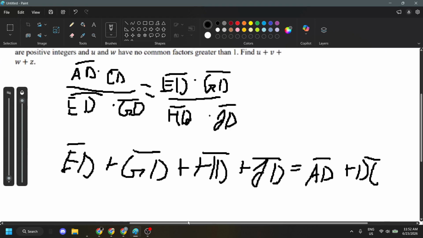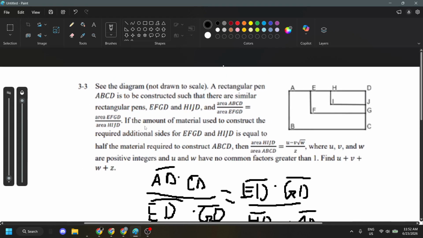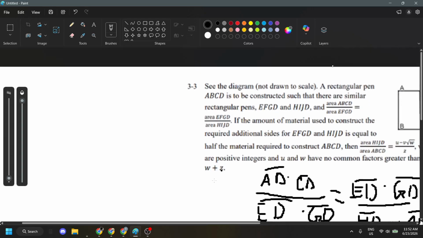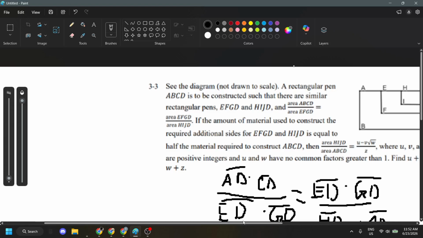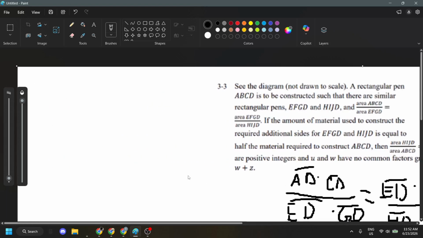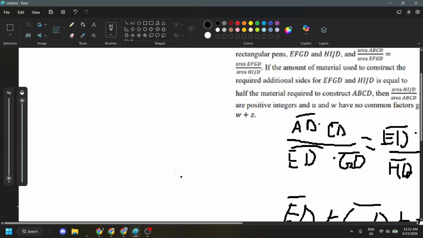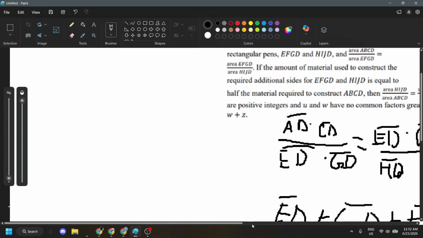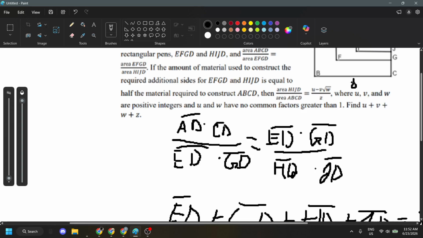Okay, these are our equations. We can simplify this though. If we have this larger one, we just need K and Q. So we call this base, we call this height.